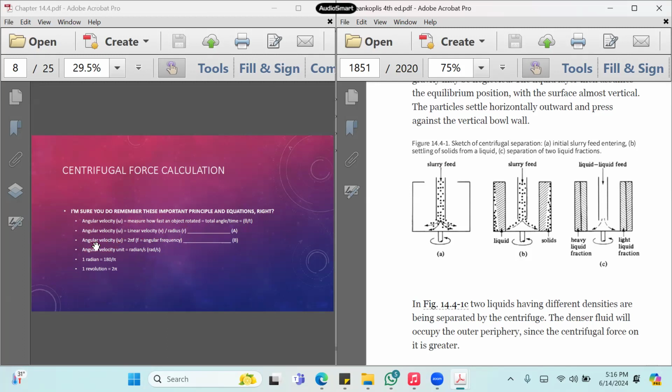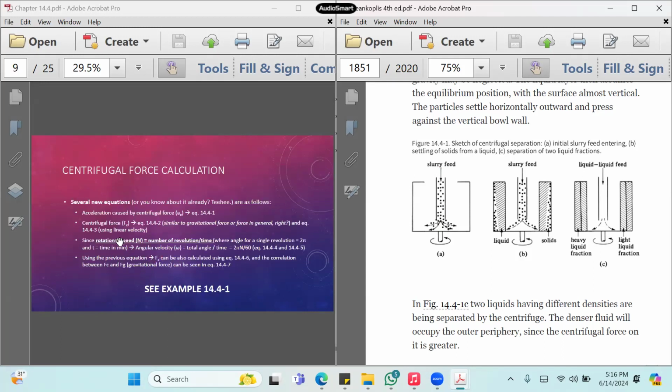And the angular velocity can also be calculated using the angular frequency. The unit of the angular velocity is radian per second. 1 radian is 180 per pi, and 1 revolution is 2 pi. Now, we have several new equations here. However, if you know them already, then it would be very good.